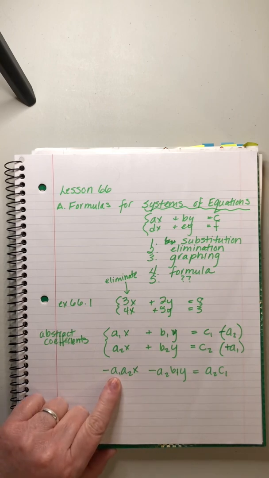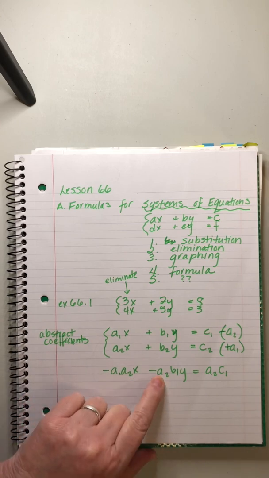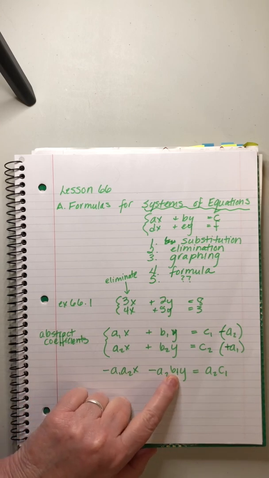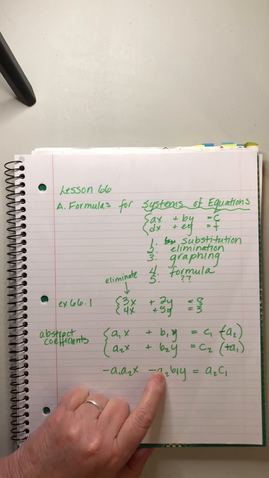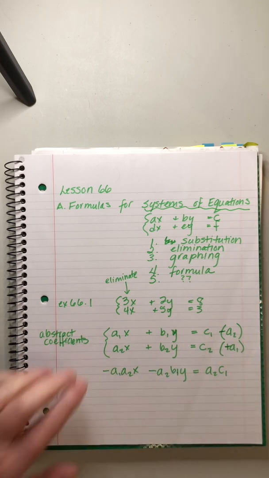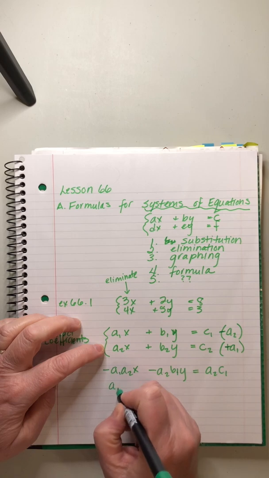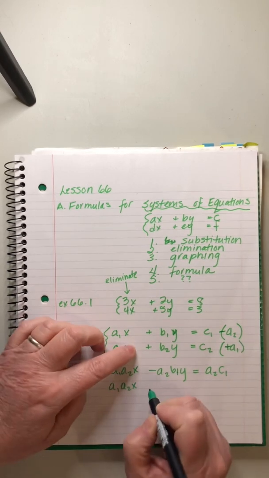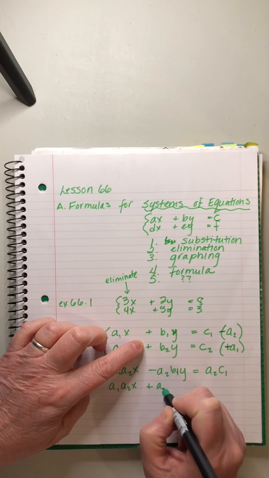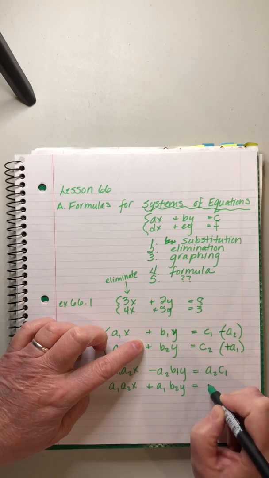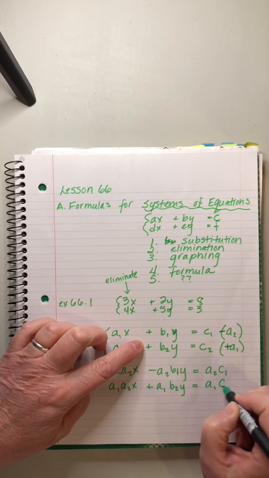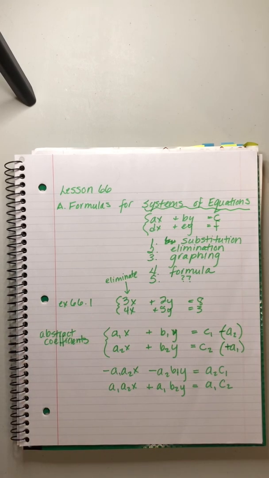I like to keep the letters together first in numeric order, and then I prioritize alphabetic order over numeric order, right? So I put the a before the b, and I don't mind that it's a 2 before a 1. I keep the letters in order, okay? Now our second one will be positive a1, a2x plus a1, b2y equals. Make sense?